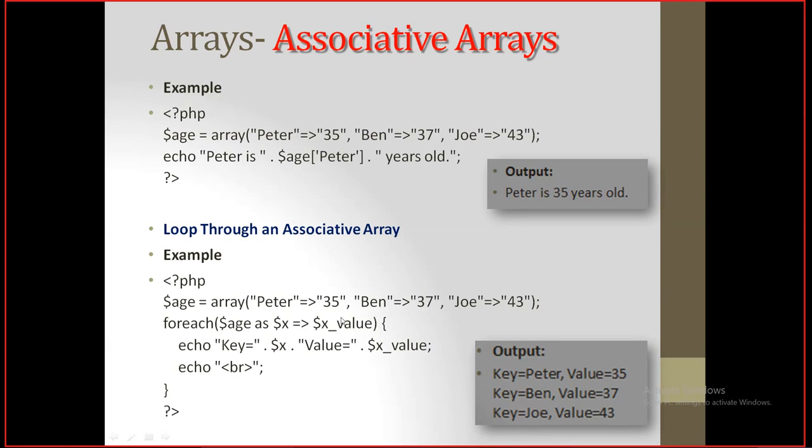So two variables we require when we use a loop for associative arrays, right? Then finally we are simply echoing the key part along with the value part. You can see key is present in $x and the value is present in the $x_value variable. As an output, you can see on the right hand side, one below the other, the key value pairs are getting printed. Simple. Okay.